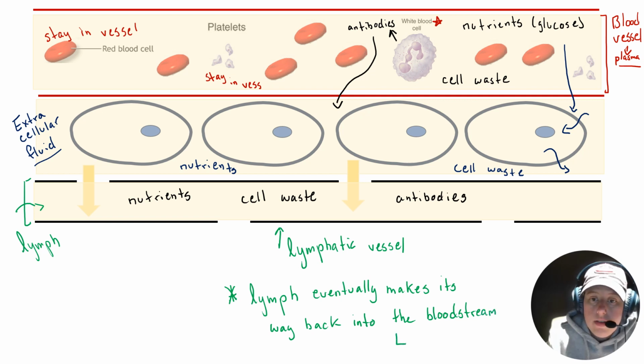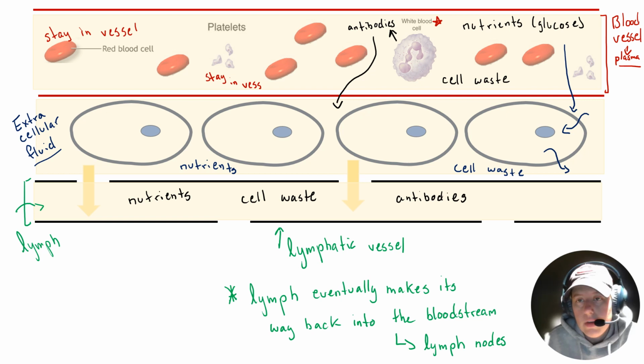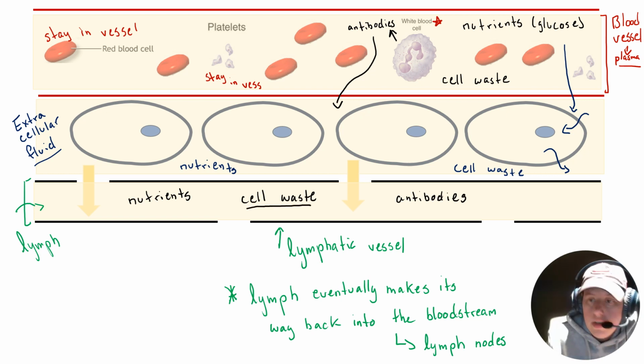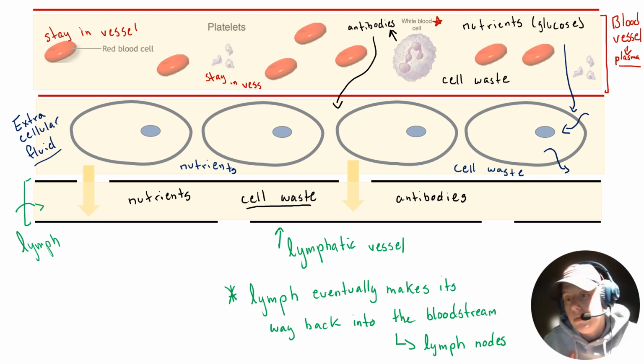And where does this happen? At the lymph nodes. Because there has to be a way for this liquid to make it back into the bloodstream. And it's important because cell waste needs to get removed. So this liquid has to get back into the bloodstream so the blood can be pumped to the kidneys, where the kidneys will remove the cell waste.